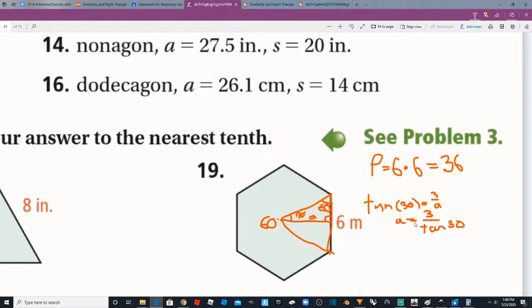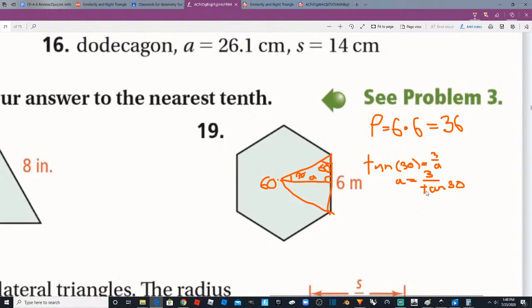I'm just explaining how we would regularly do it, and then we multiply 36 times the 1/2 times 3 divided by tan 30, and we'll get our answer 18 times 3 tan 30, and we'll do that on the calculator, right?